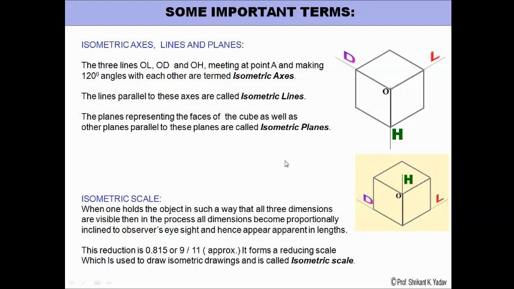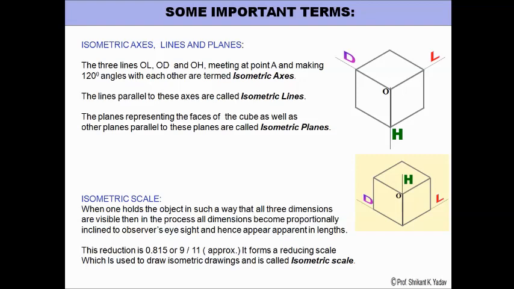When one holds the object in such a way that all 3 dimensions are visible, then in the process all dimensions become proportionally inclined to the observer's eyesight and hence appear reduced in length. This reduction is 0.815 or 9 divided by 11 approximately. It forms a reducing scale which is used to draw the isometric drawings and is called an isometric scale.